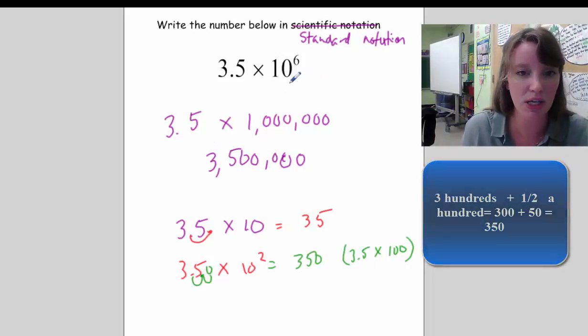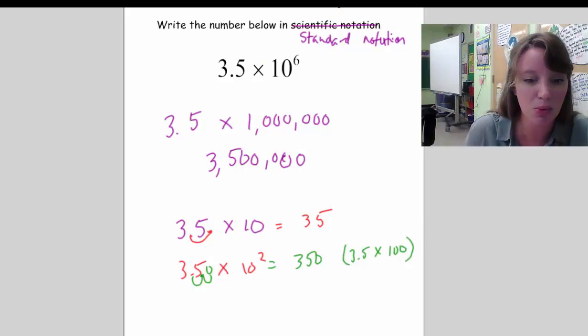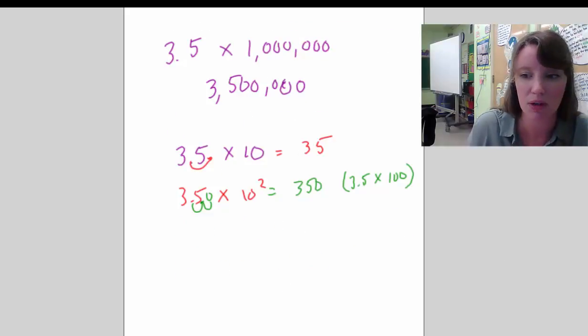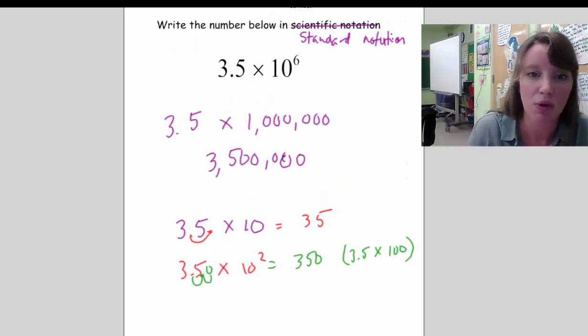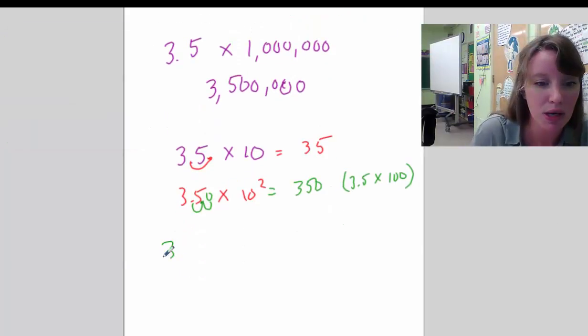So another way of thinking about going from scientific notation to standard notation is to think of the exponent as the number of places you have to move the decimal. You want to move the decimal place 6 spaces to the right to make the number larger. So you have 3.5.